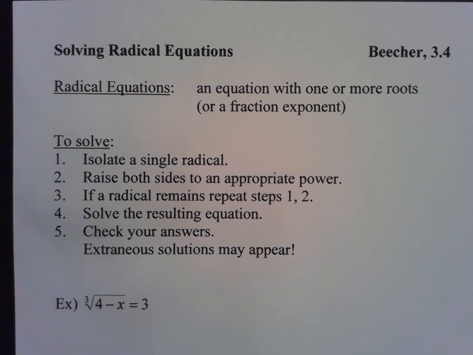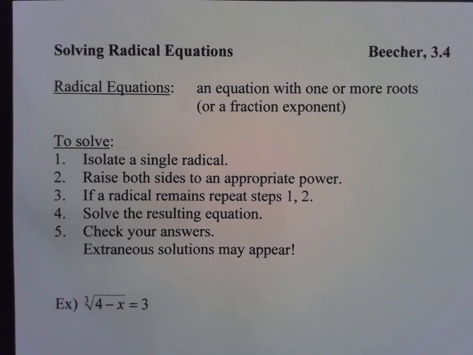If I have more than one radical, then I would maybe need to do that set of steps more than once. We're actually not going to look at those today or this semester, but this set of steps would apply if that were the case. We may need to do steps 1 and 2 multiple times.